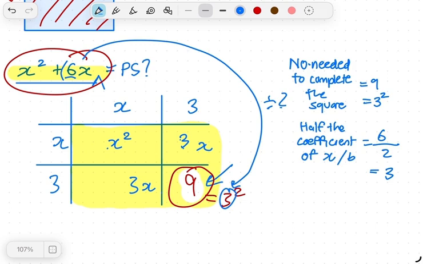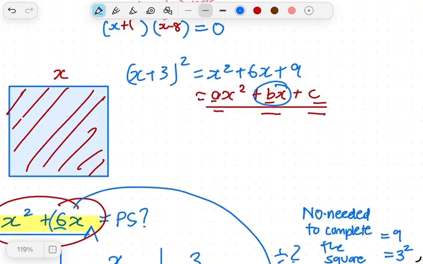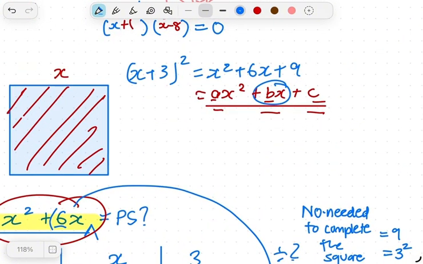And what is the completed square form? The completed square form is basically this answer, where you get something squared, an integer, a term, an expression squared.